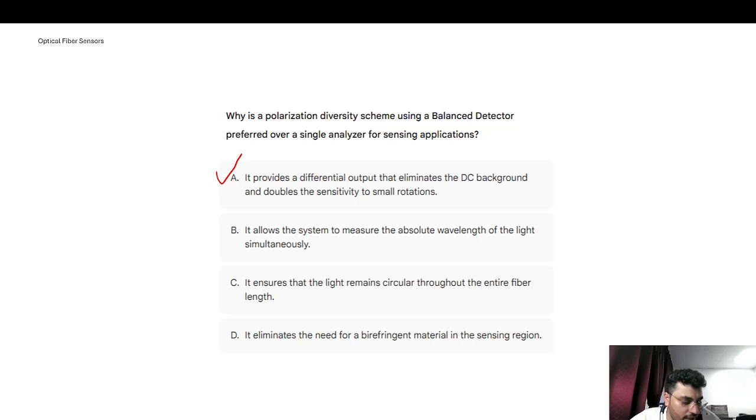By subtracting the sine square minus cos square components, the DC terms cancel out, resulting in a 0 background signal that is more sensitive to small changes around the bias point.